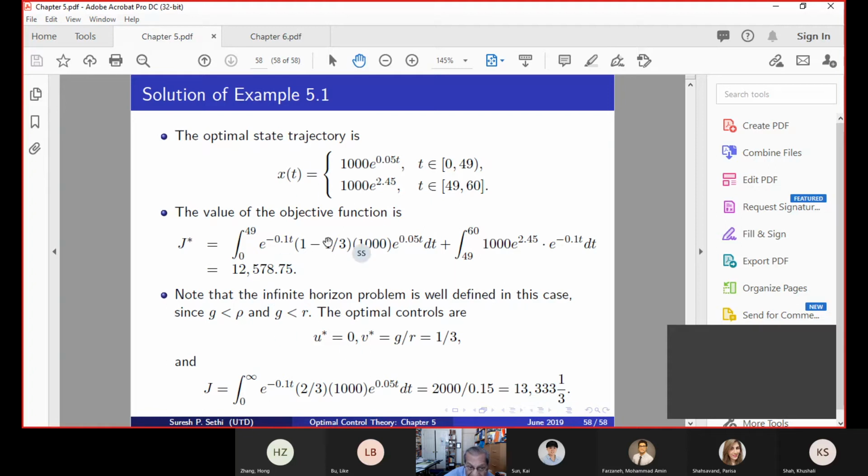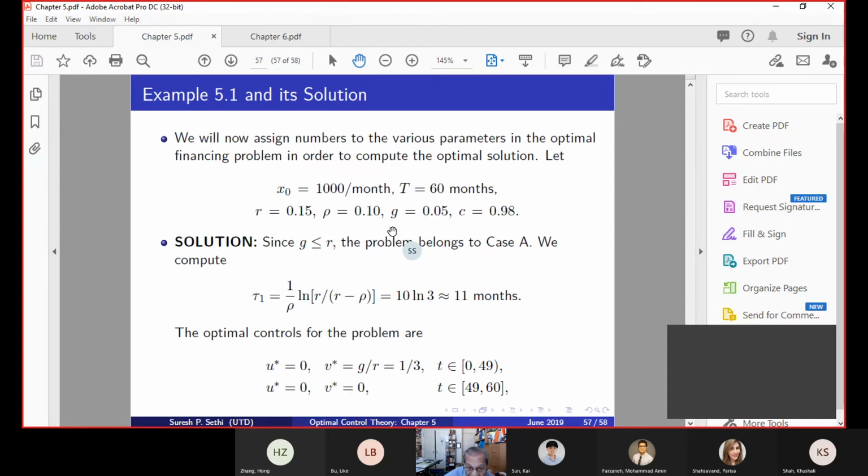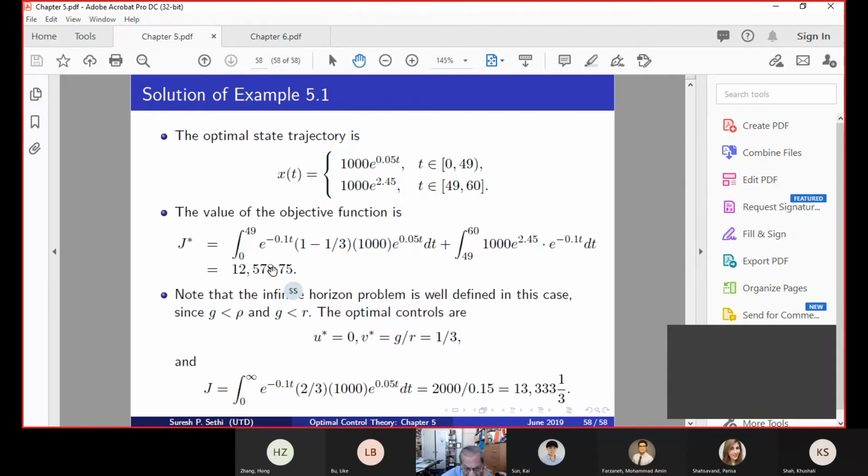So if it's a 60-month company, its value is 12,578. But if it is an infinite horizon company, its value is 13,330. So not much more, because the value beyond 60 is not that much because of the 10% discount rate.